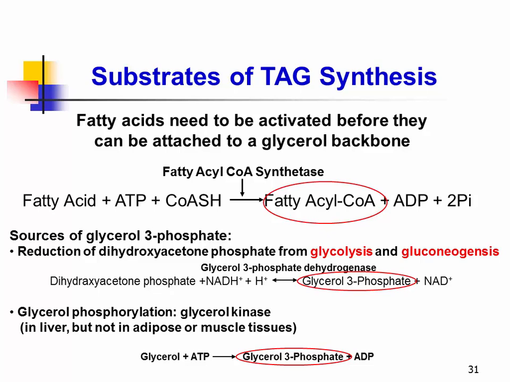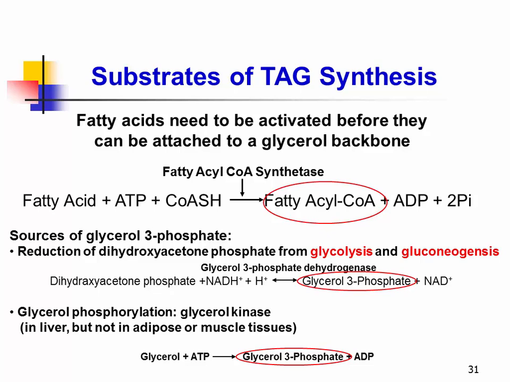And in terms of the glycerol backbone, glycerol 3-phosphate is the molecule that directly enters the triglyceride synthesis pathway. The sources of glycerol 3-phosphate, if you still remember, when we talked about glycolysis, right? Glycolysis is an important pathway for glycerol 3-phosphate generation.